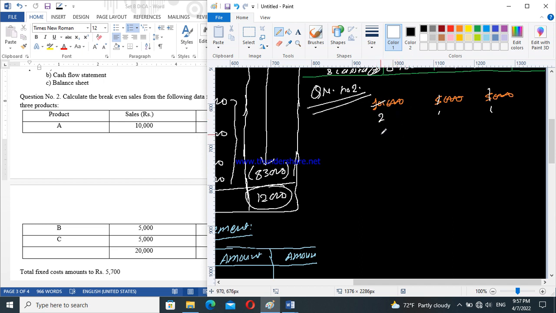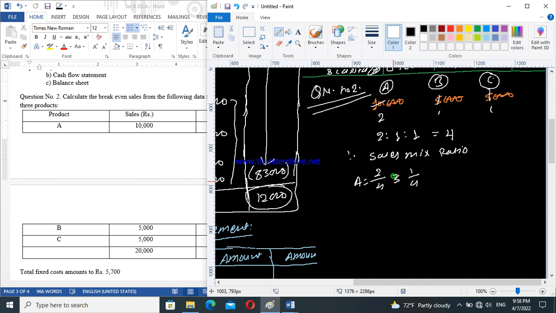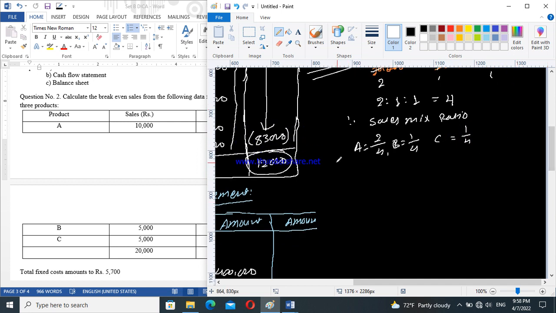Therefore, the ratio is 2 is to 1 is to 1, is equal to 4. Therefore, sales mix ratio for A, for B, for C: 2/4 for A, 1/4 for B, and C 1/4. Okay, and move on.